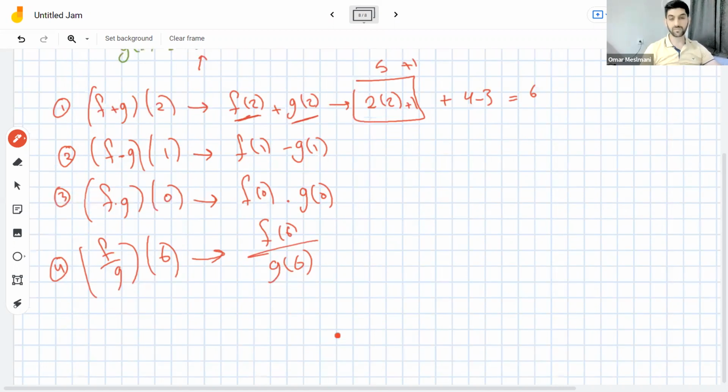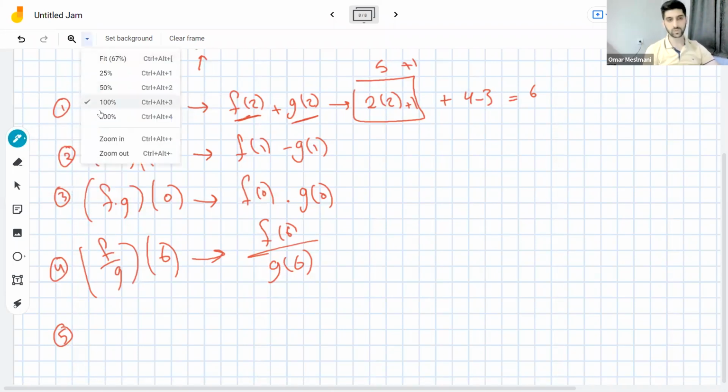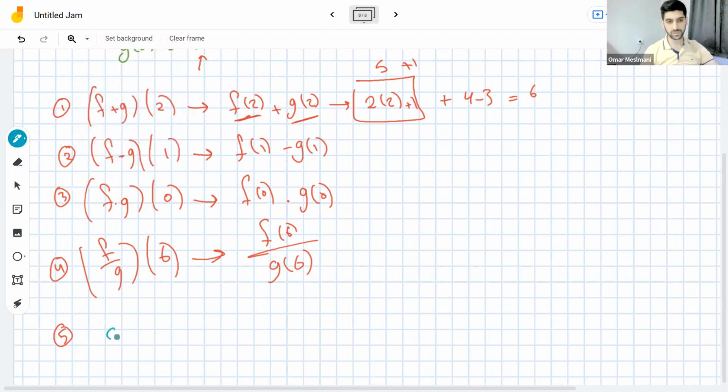All right. In functions, we have a fifth operation. You know, in general math, we have addition, subtraction, multiplication, and division. But with functions, we have one more, which is called the composite of functions. Stay with me for this.